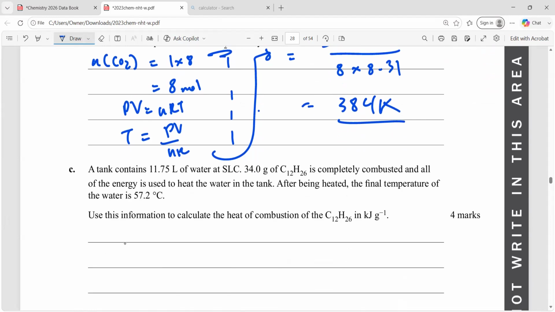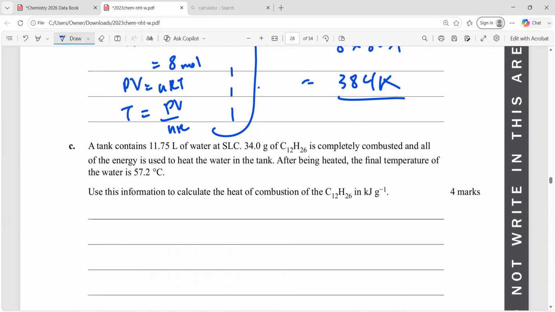Okay. So Q equals mc delta T. Now, the reason why I think it's 4 marks is because before, the density of the water used to be different, but now it's the same. So it'd be 11,750 because you have to convert it to milliliters. Maybe you have to show that.